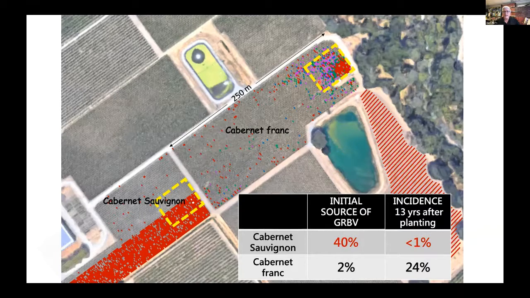So what we did is we put sticky cards in that section of the vineyard and in that section, with the idea that maybe the population of 3-cornered alfalfa hoppers are distinct and might explain the difference in dynamics of virus spread.